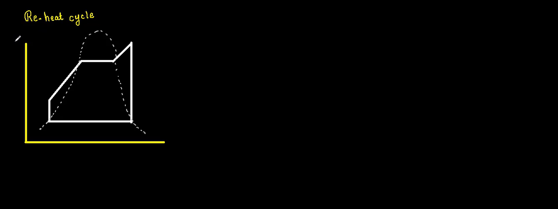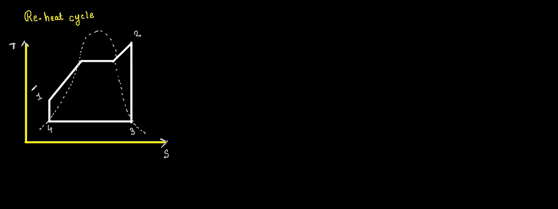So here is the TS diagram for the simple Rankine cycle, where 1 to 2 represents the boiler, 2 to 3 the turbine, 3 to 4 the condenser, and 4 to 1 the pump.